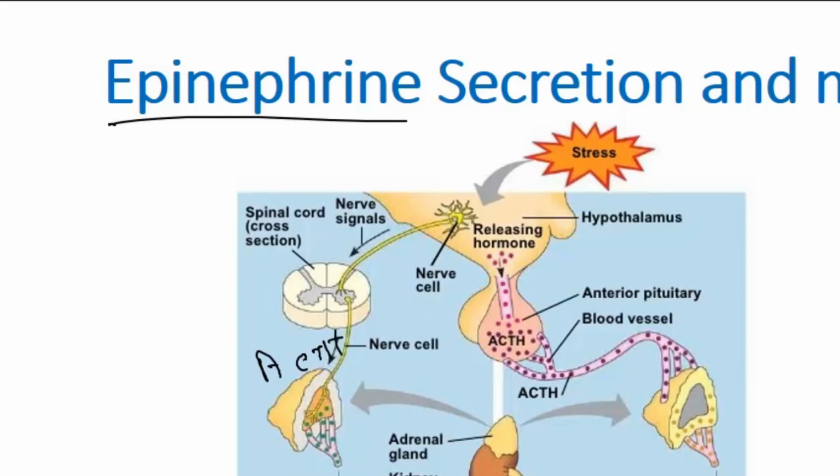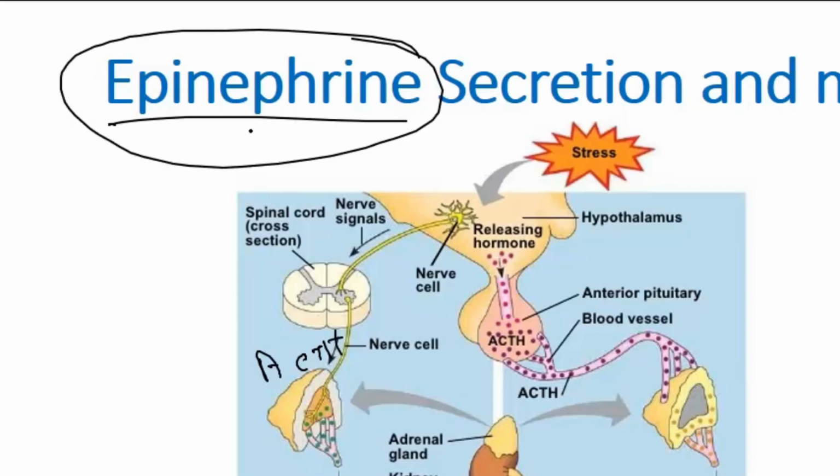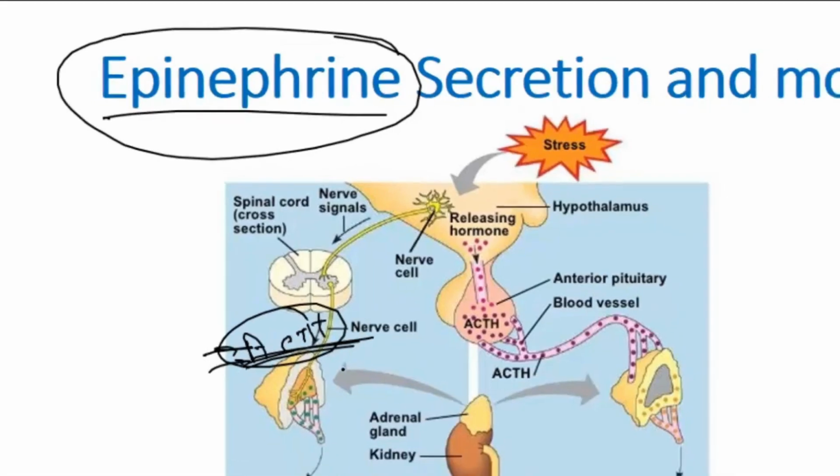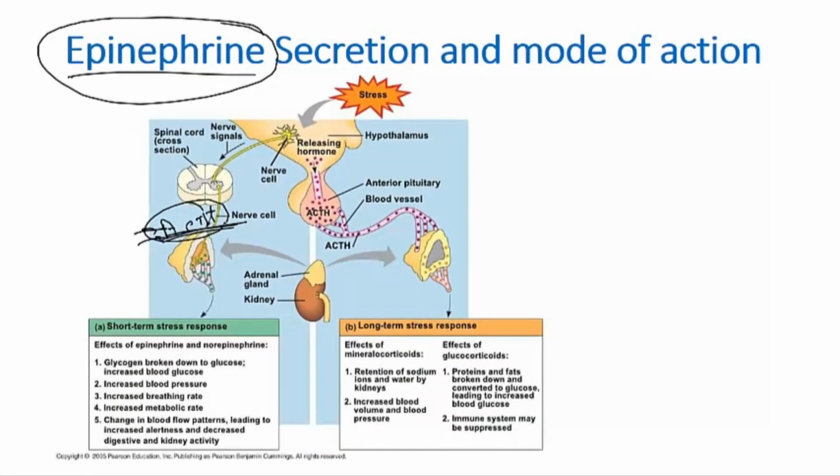In some cases the production of epinephrine is required very, very fast, so they don't rely on ACTH much. There is direct control by nerve cells telling the adrenal gland to produce a large amount of epinephrine, because it's needed in very high concentration in a very short time. Within a few seconds they need the epinephrine concentration high in the blood. This very fast transmission of messages can only be done with nerve cells.